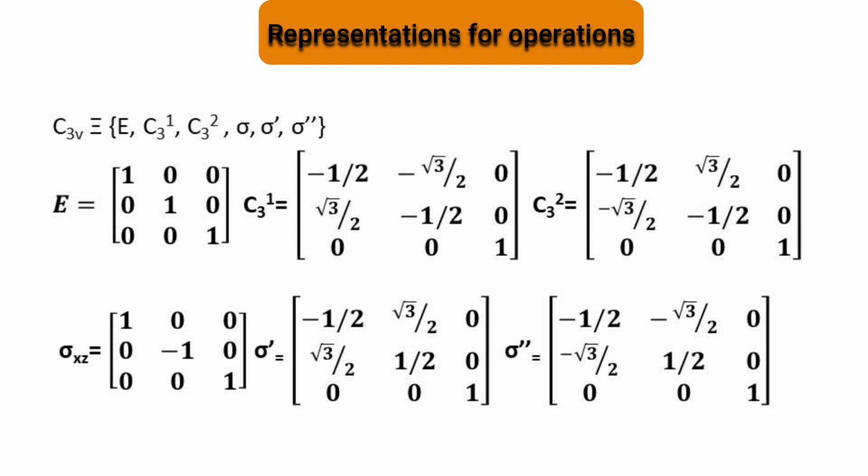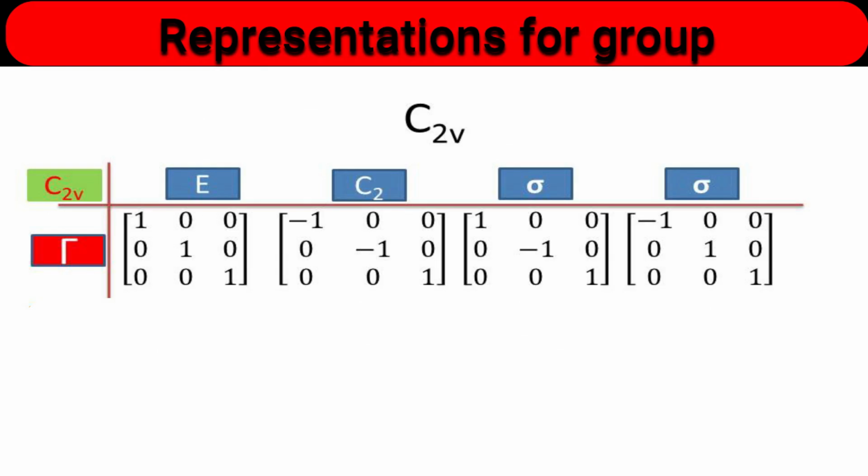For each operation we have derived the matrices, and the matrices representing those operations are representations of those operations. Since a point group is a collection of operations, and an operation can be represented by matrices, the collection of all those matrices is nothing but the representation of that point group.